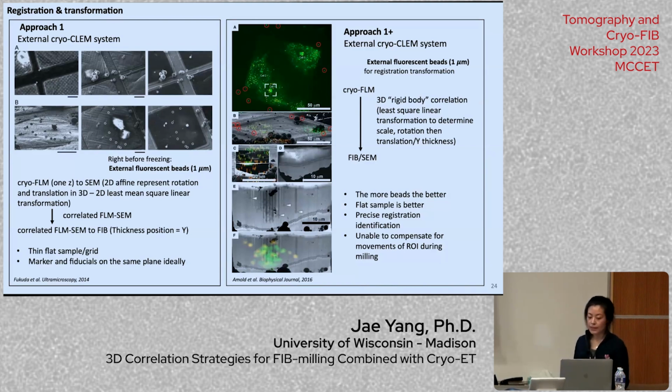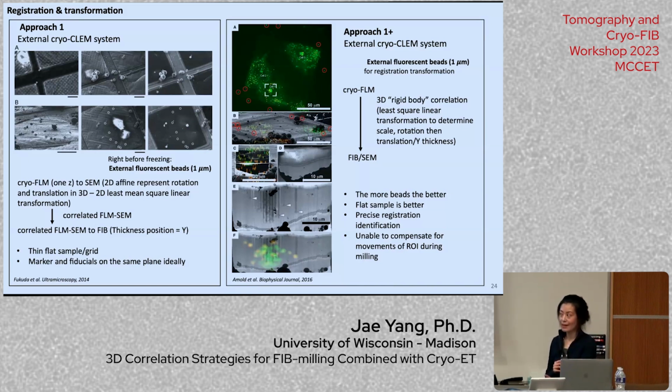So based on this approach, the group moved forward with what I call approach 1+. It's also applied to the external cryo-EM system, where you would directly apply the FLM image correlated with your FIB and SEM. In this way, they are still using the coordinates-based transformation, but instead of using the 2D affine rotation and translation in 3D, it directly uses 3D rigid bodies to determine.